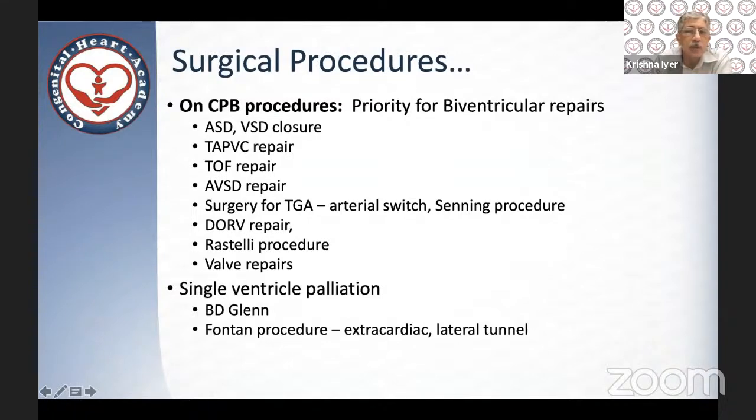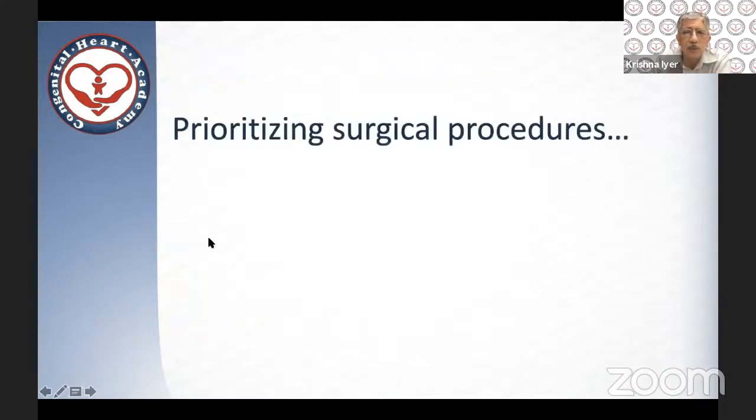Repair of double outlet right ventricle and other conotruncal anomalies, conduit repairs, valve repairs. Single ventricle palliation by means of a bidirectional Glenn and subsequent conversion with the Fontan procedure, be it extracardiac or lateral tunnel, is added skills.